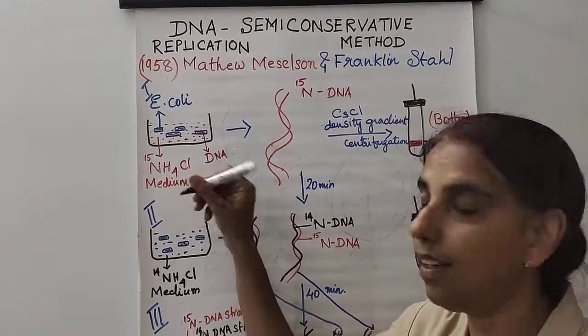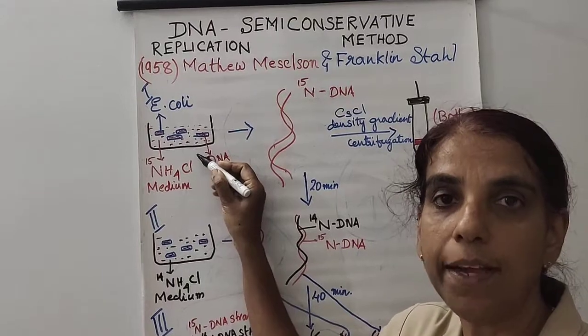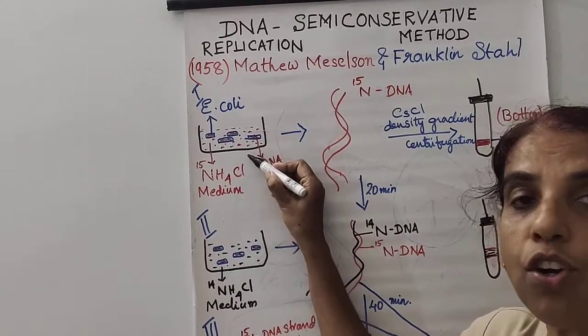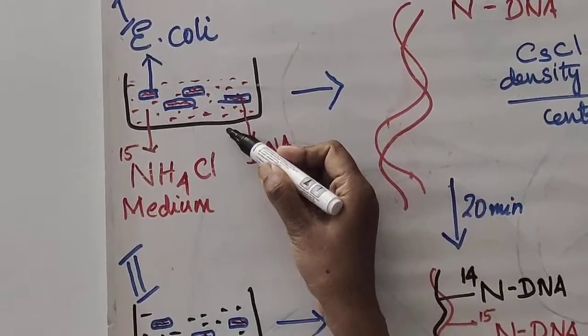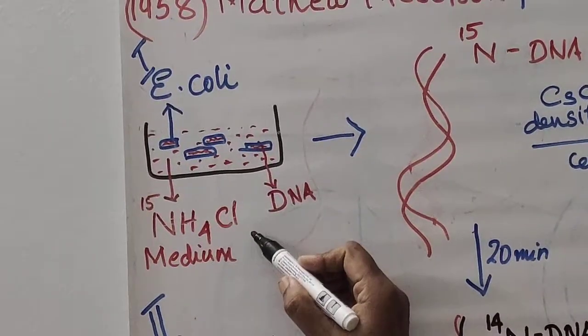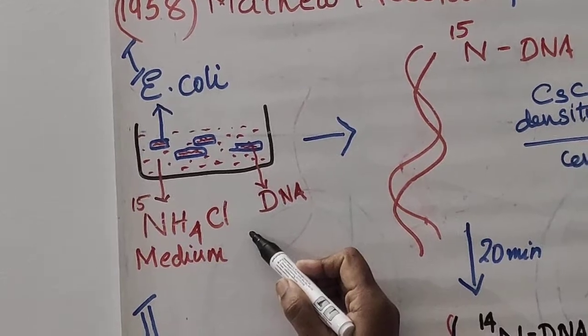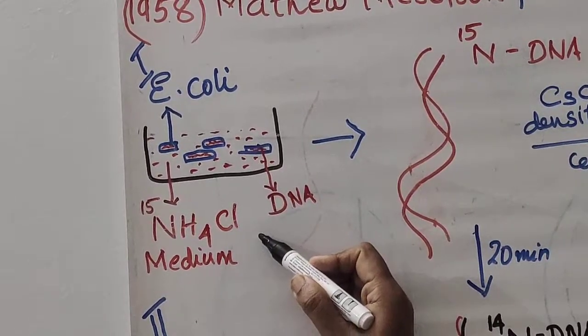They had taken a culture medium in which E. coli bacteria were grown. This E. coli was grown in a medium containing ammonium chloride.